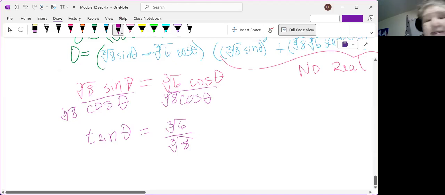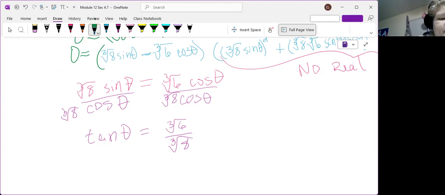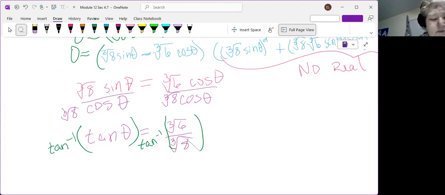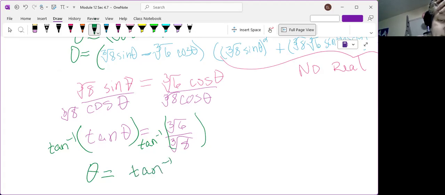So what we're going to do next is apply the inverse tangent to both sides. Now, when you go to type this craziness in, you're going to have tangent inverse, and it opens a set of parentheses.